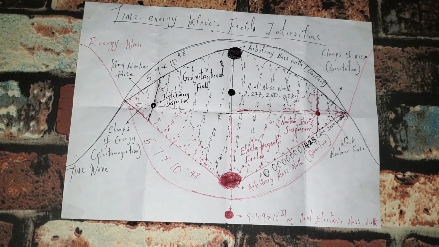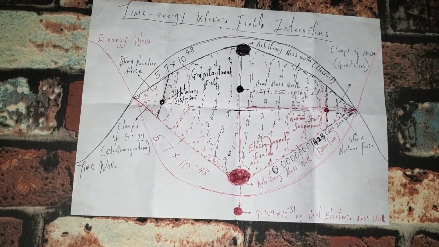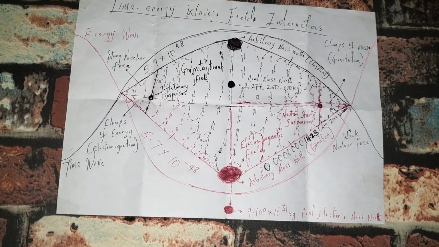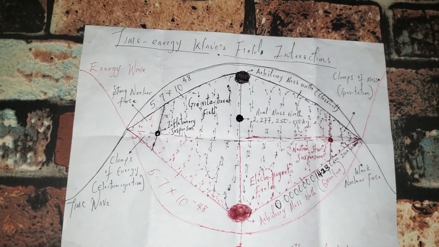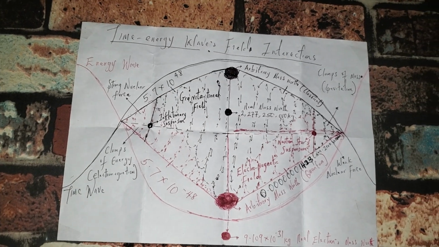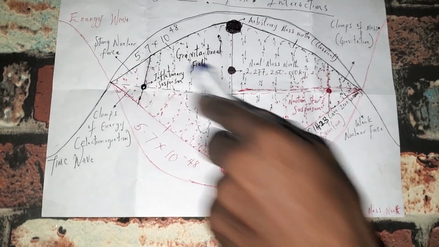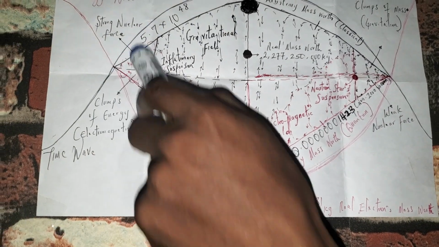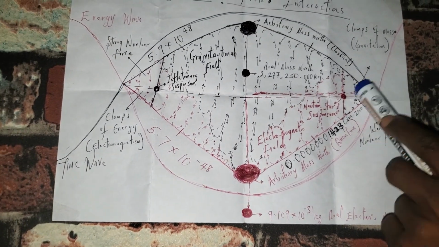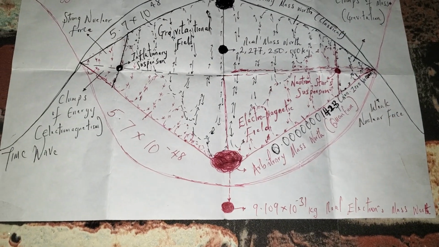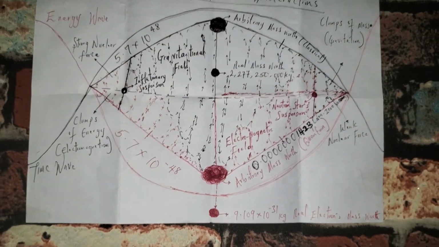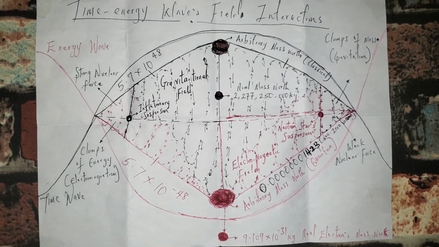You understand? Because we know that the gluons that join quarks together are termed to be massless. So it's ideal to have only the electromagnetic field here, and here this is the weak nuclear force. We only have the gravitational field right there.